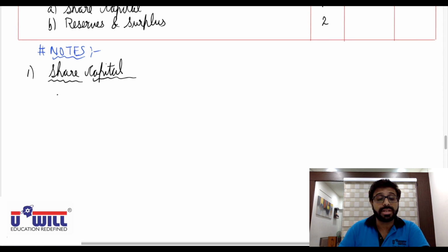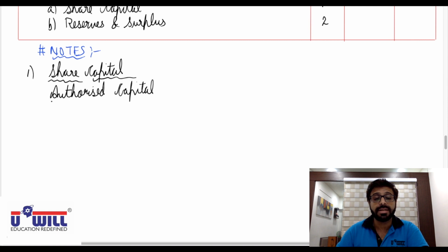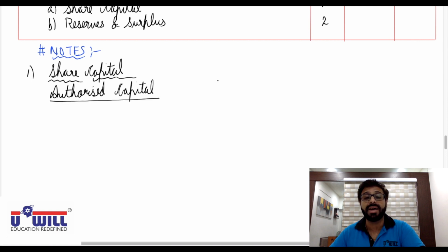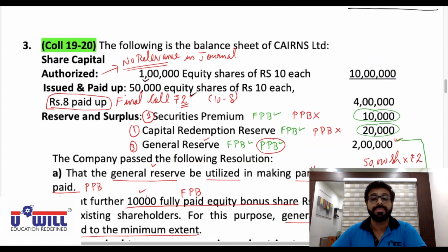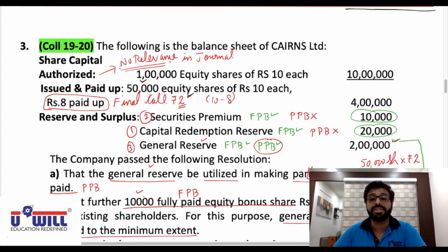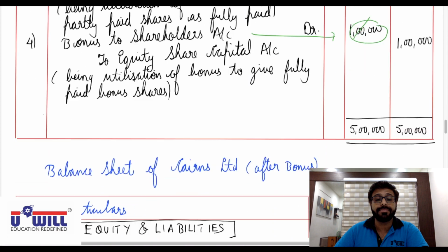Very first, authorized capital. So here that authorized capital has relevance just as information to the shareholders, otherwise it is not to be included in the total of balance sheet. Here we'll write that authorized capital. Here we had written no relevance in journal, but in balance sheet it will come. What is the authorized capital? 1 lakh equity shares of 10 each, 10 lakh rupees. That we will write here.